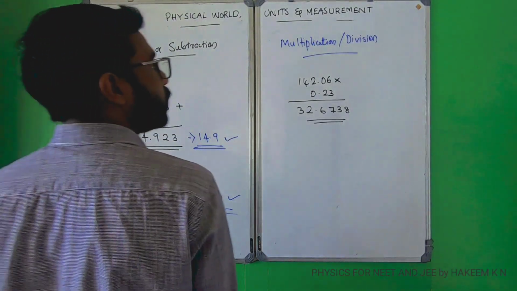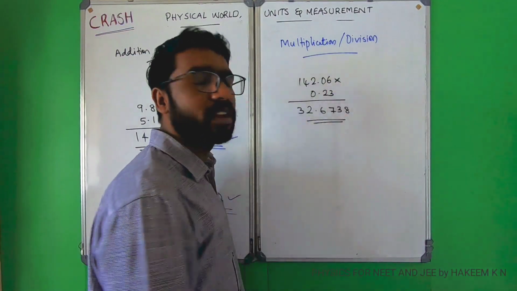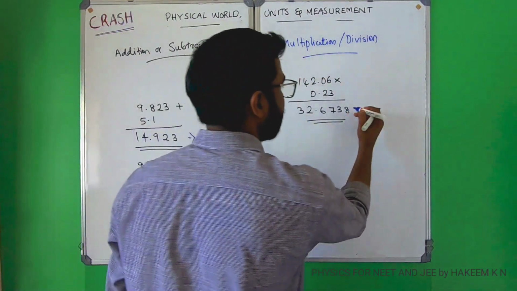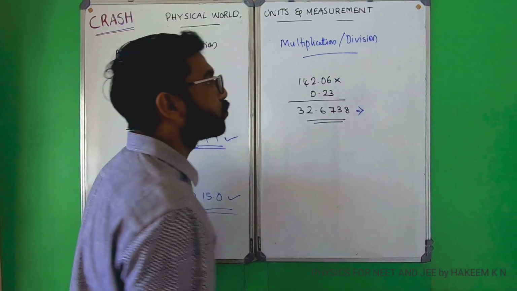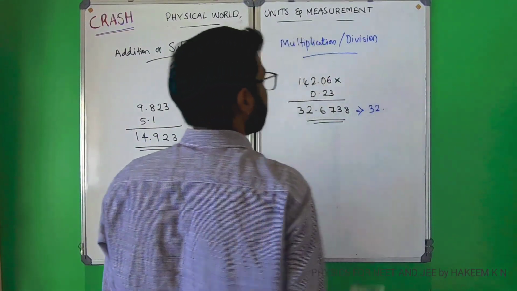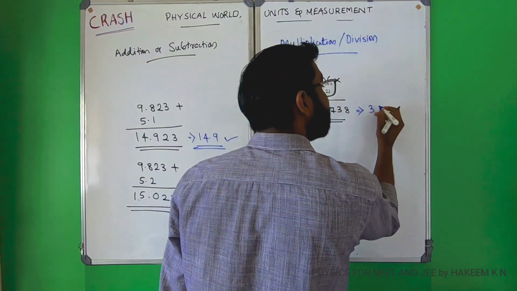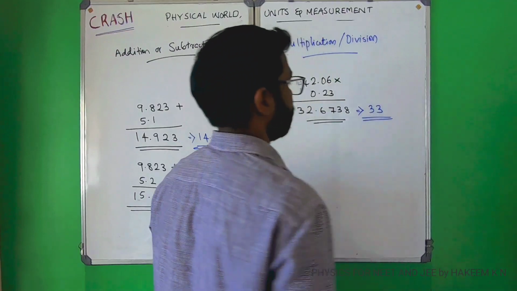While multiplying 142.06 with 0.23, we will get the answer 32.6738. What is the answer according to the rule of significant figures? 32.6738 is wrong. 33 is the right answer.